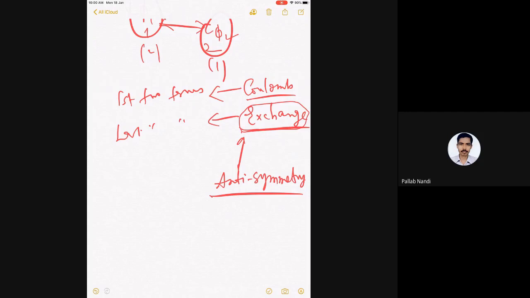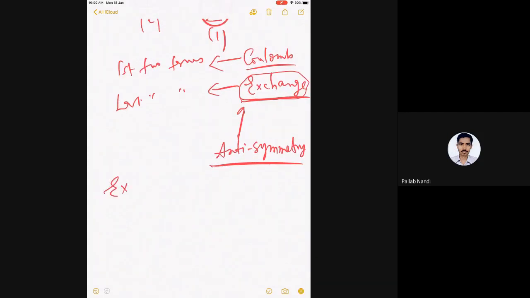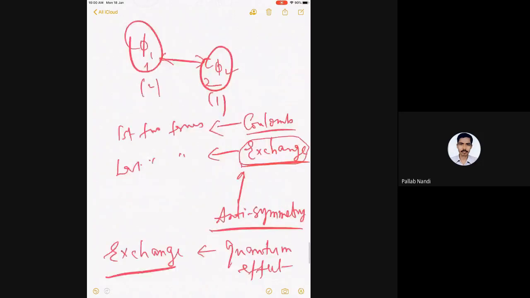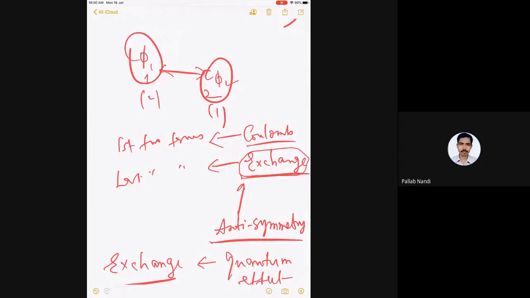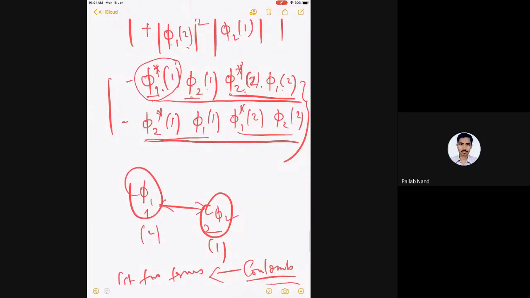So any exchange interaction, or any effect of exchange, is a quantum effect. It cannot be explained classically. Is it clear?